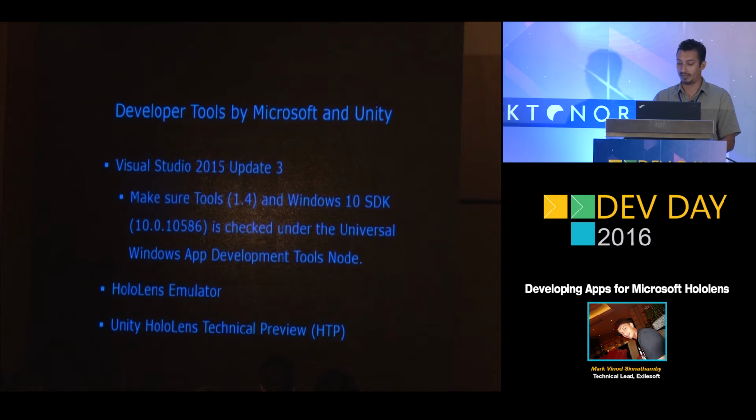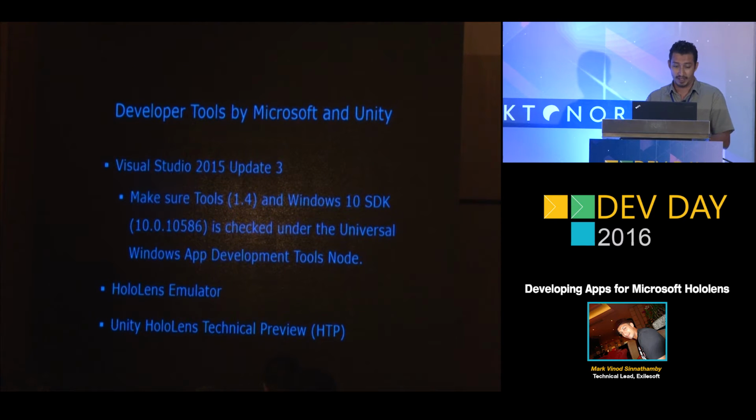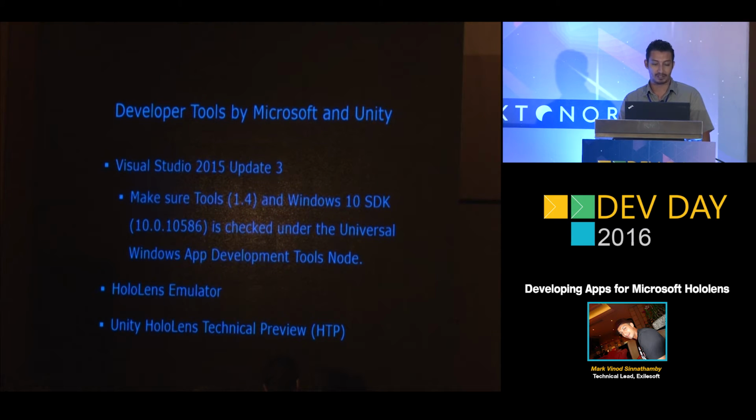When you're installing, you have to make sure that the tools and Windows 10 SDK is checked under the Universal Windows App Development Tools node, which I will show in the next slide. And then we have the HoloLens emulator, which is also available for download. And then we have the Unity HoloLens technical preview, which Unity has built specifically for development on HoloLens.